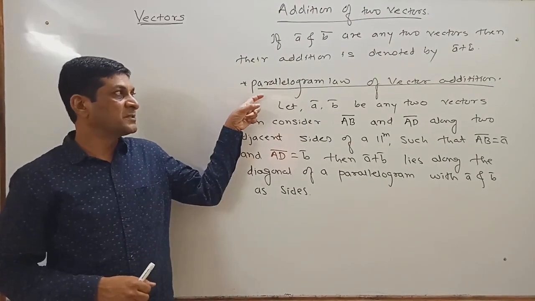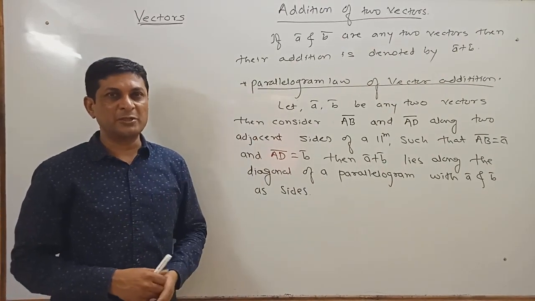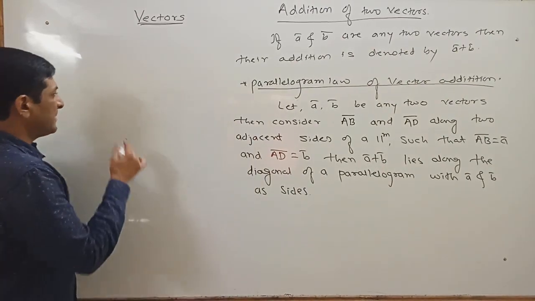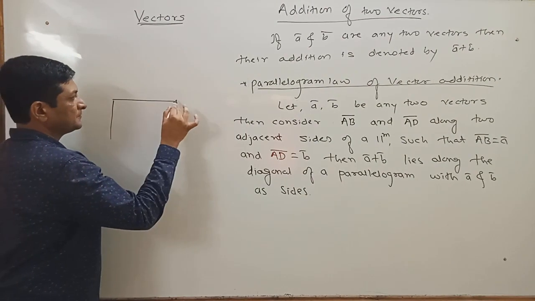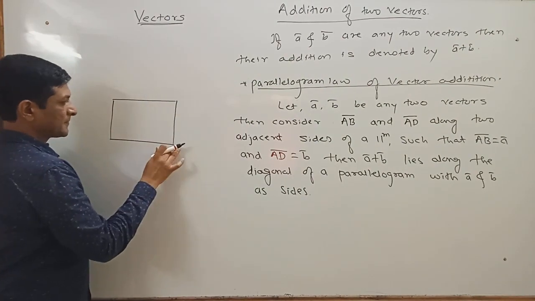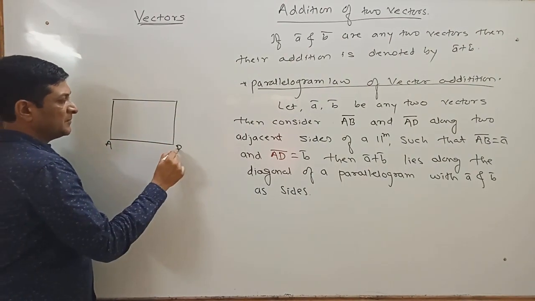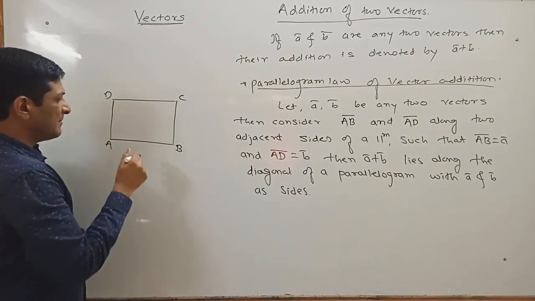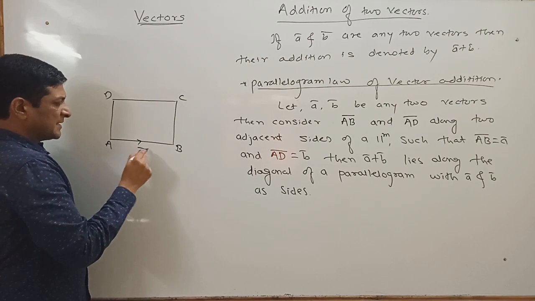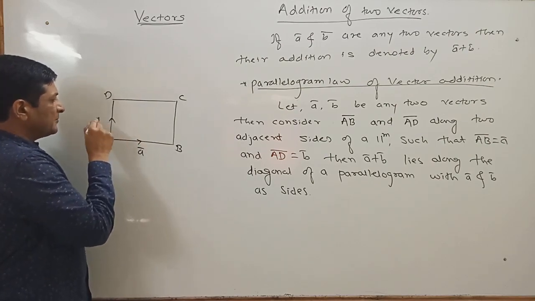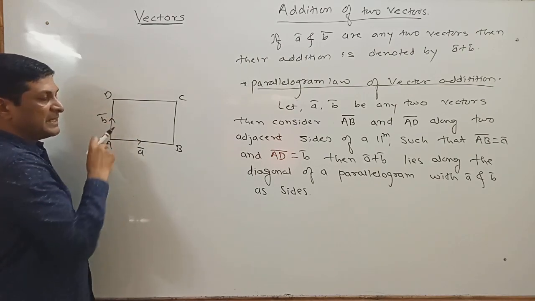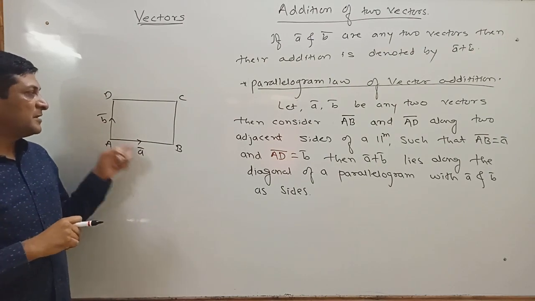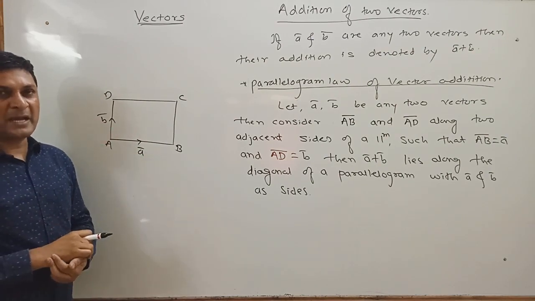So now we will discuss the parallelogram law of vector addition. Let us consider one parallelogram here. Let ABCD be a parallelogram, and if A bar represents AB bar and B bar represents AD bar, means A bar and B bar represent two adjacent sides of a parallelogram.